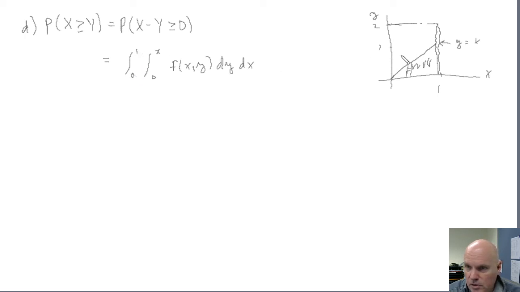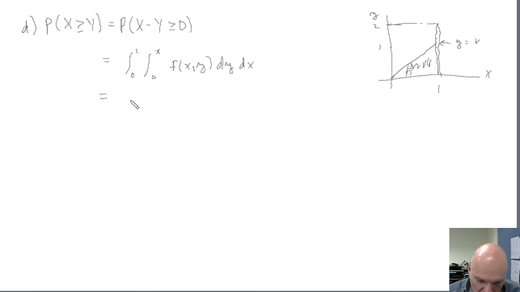I could also do this using horizontal strips, with x going from y to 1, and then y going from 0 to 1. Yeah, that looks right. But it's a little easier to visualize this way.